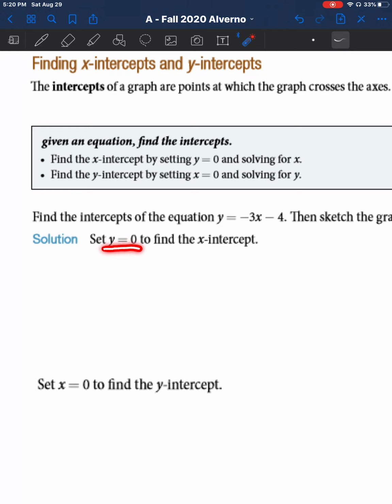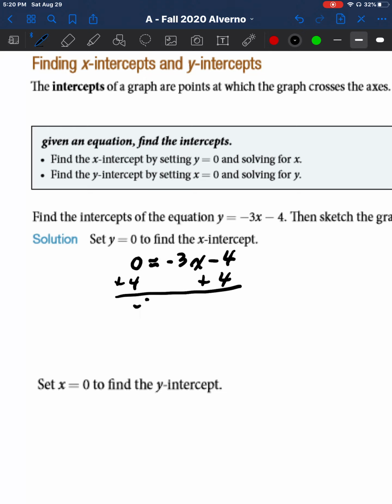First, we look at y equal to 0. We're going to put y equal to 0 into this equation and solve for x. So 0 is equal to minus 3x minus 4. We add 4 to both sides. So we have minus 3x is equal to 4.